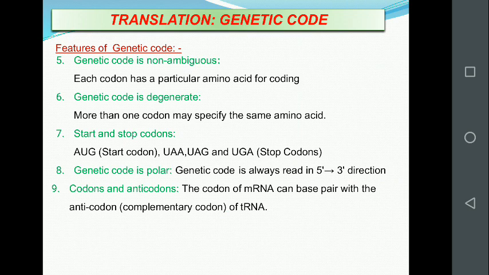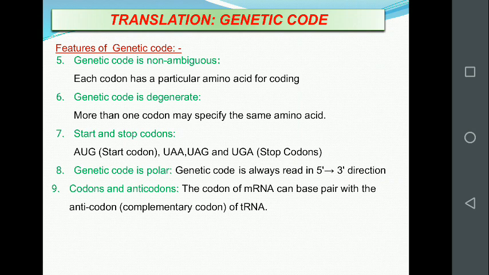Like replication and transcription, translation is also a polar process, where it always goes in a specific direction. The synthesis of DNA takes place from 5 prime to 3 prime direction, utilizing the template in 3 prime to 5 prime direction.